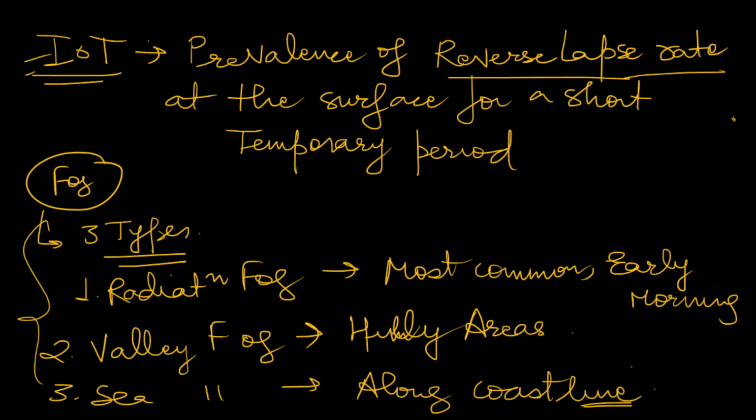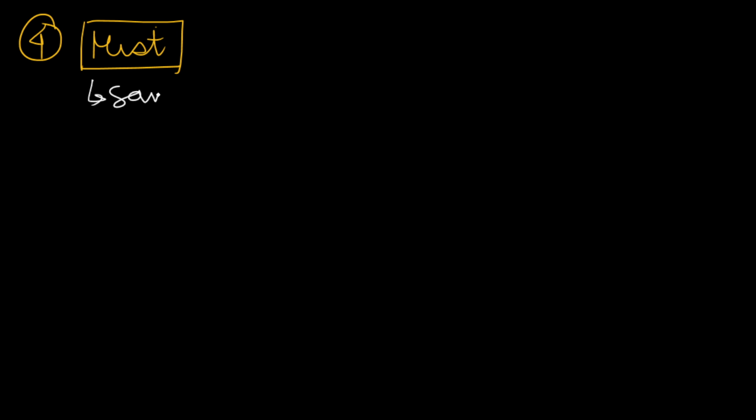Now let's move to the next type, number 4, mist. So what is a mist? It is the same as fog, but with higher moisture content.